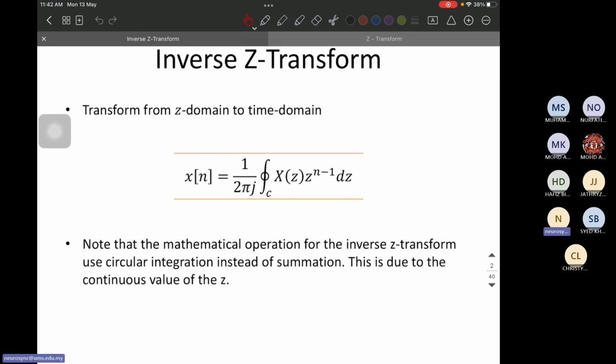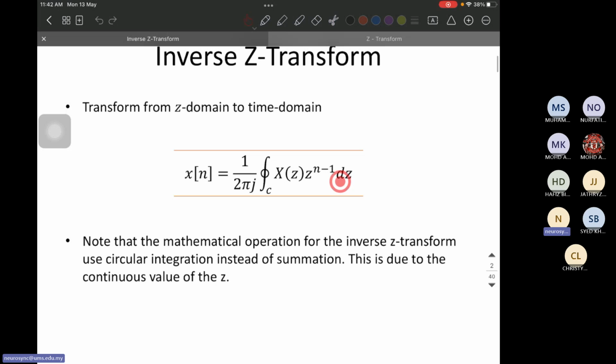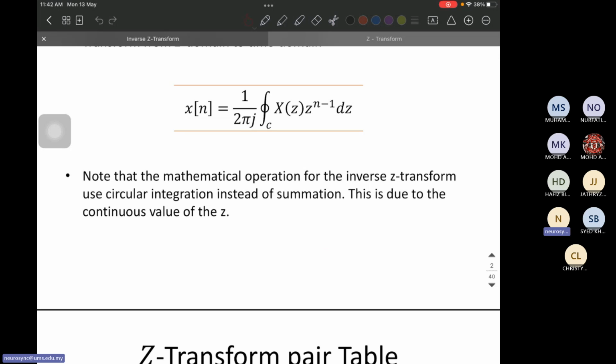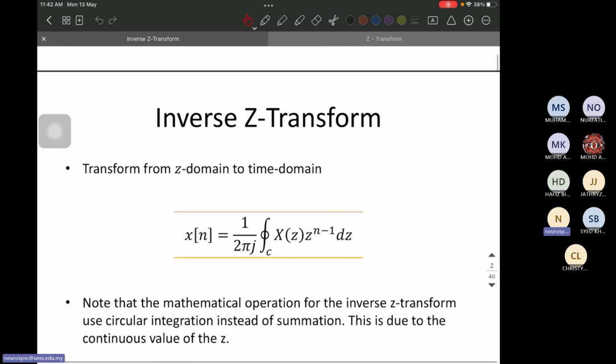So this is the formula for inverse transformation. Here we will be doing circular integration instead of summation. Why? Because this z is a continuous value.